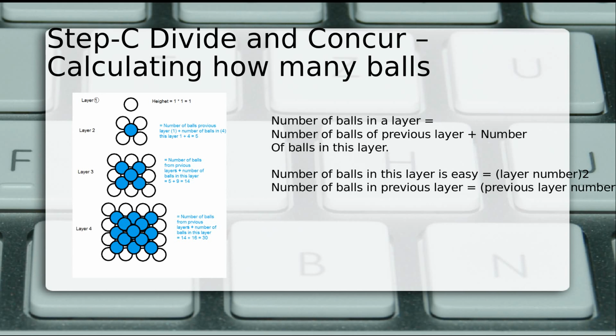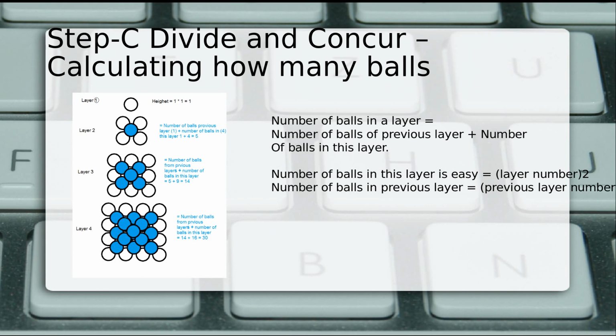And for layer 3, we add layer 1 and layer 2 to layer 3. Layer 3 has 9 balls, layer 2 has 4 balls, and layer 1 has 1 ball. This will give us 14 balls. And then in layer 4 we do the same, and so on and so forth.